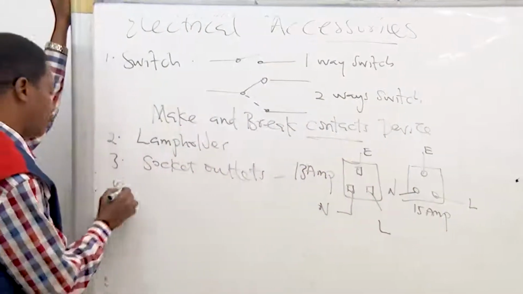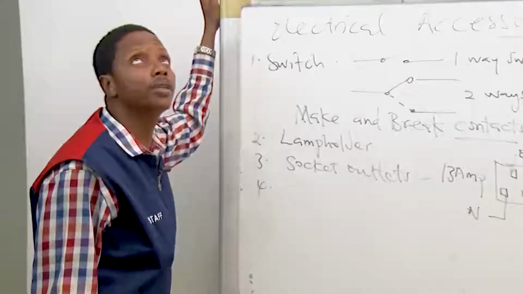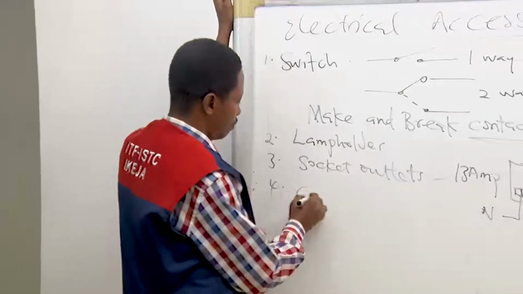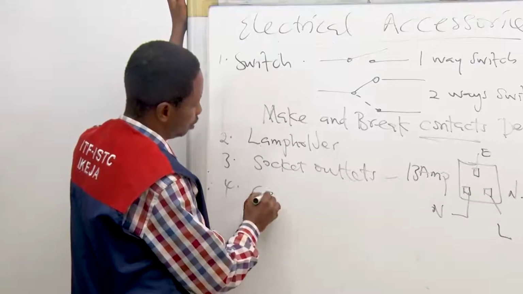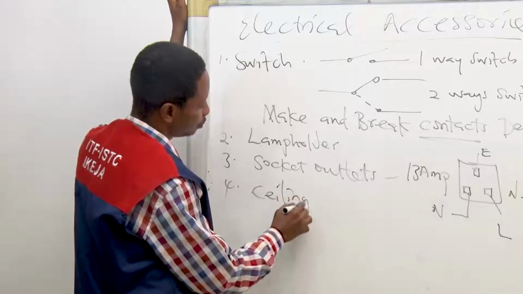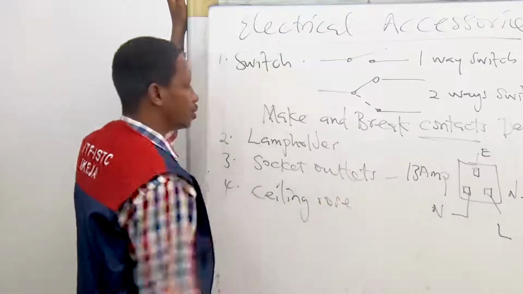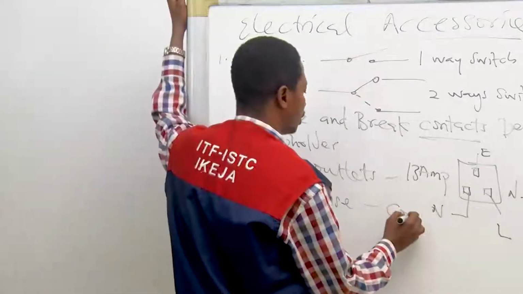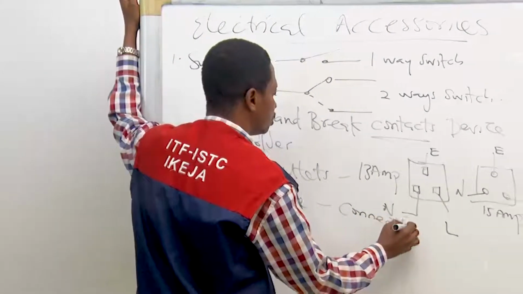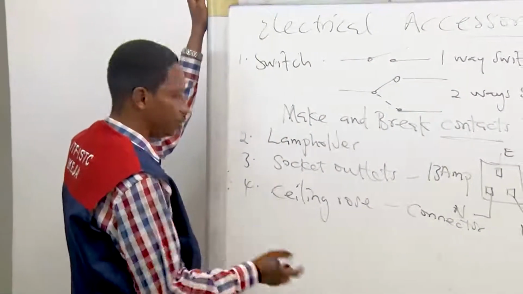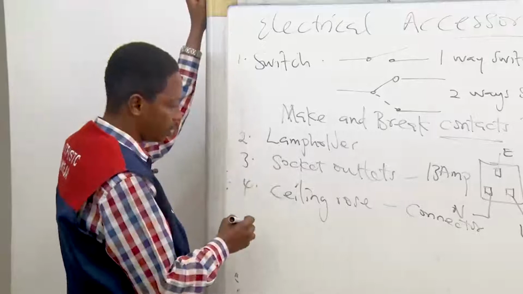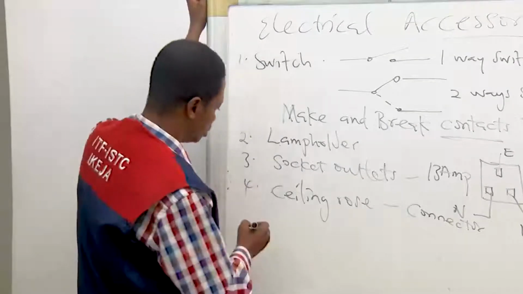Then we have, what do we have again? We have ceiling roses, just used as connectors. Ceiling rose is a connector. Mostly we use it to connect lighting points and ceiling fans.